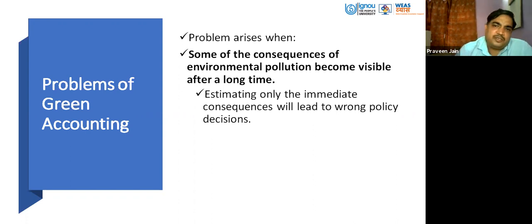If we recommend a certain package of cultivation practices which includes pesticides, we immediately get good production, but in the long term there may be a harmful impact on the environment. That impact is not calculated by the green accounting system either.